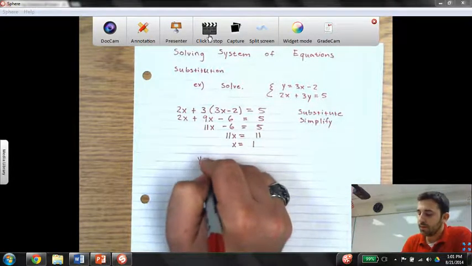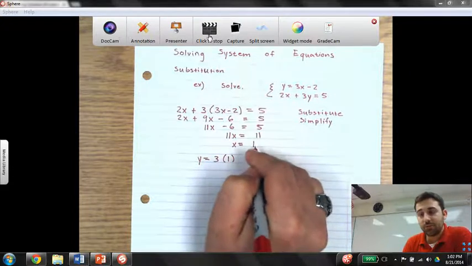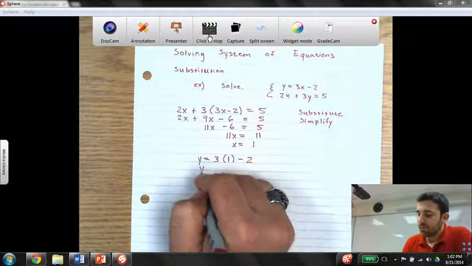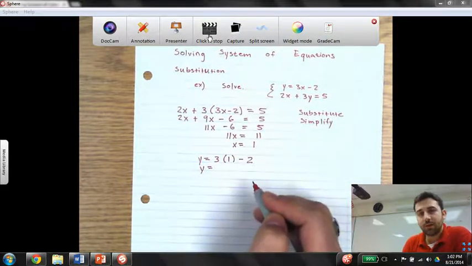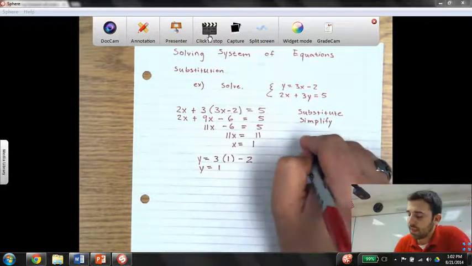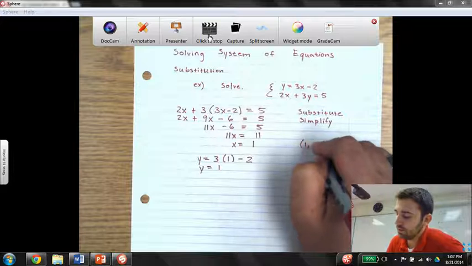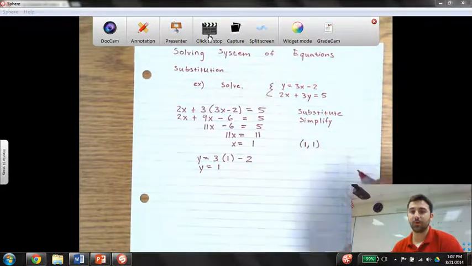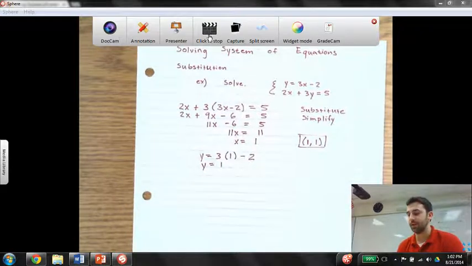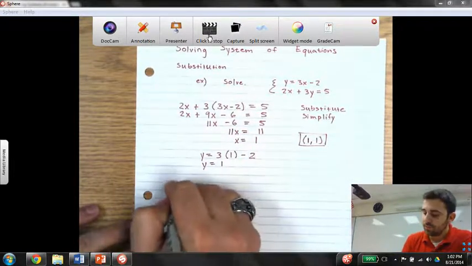So y equals 3, and instead of writing x, I'm going to plug in the value of x, minus 2, and simplify. 3 times 1 is 3, and 3 minus 2 is 1. That gives me a solution of x is 1 and y is 1. Once again, we want to make sure we're writing our solutions in coordinate notation. That's substitution.